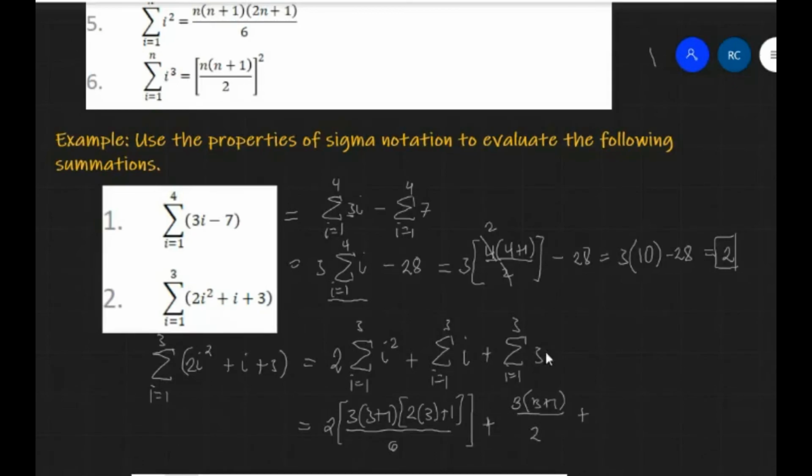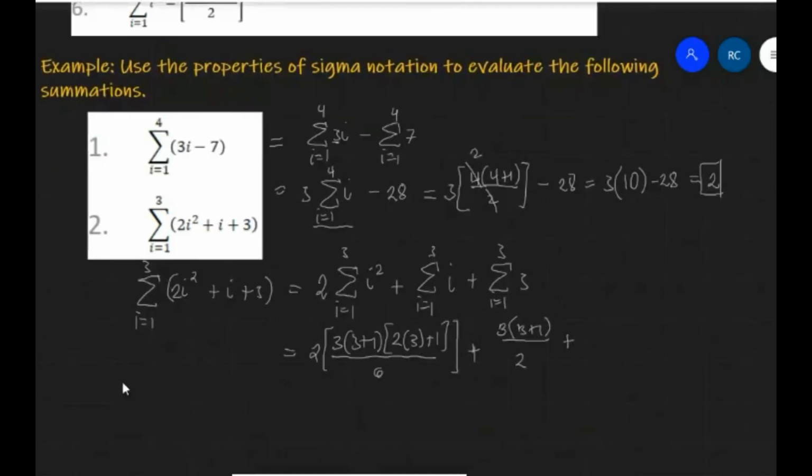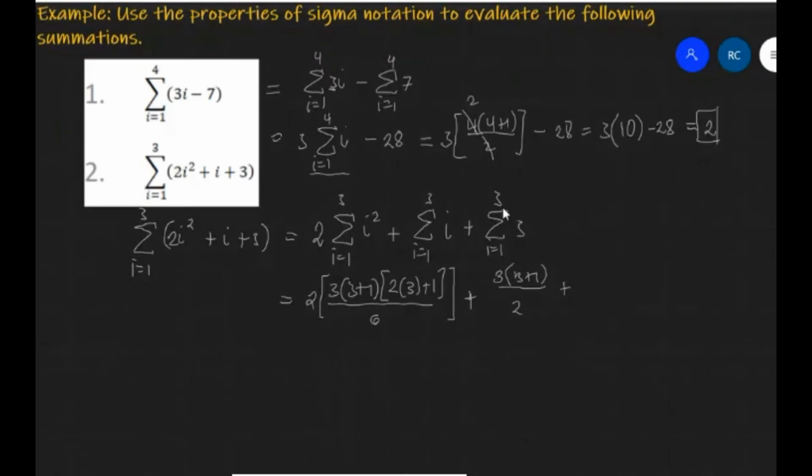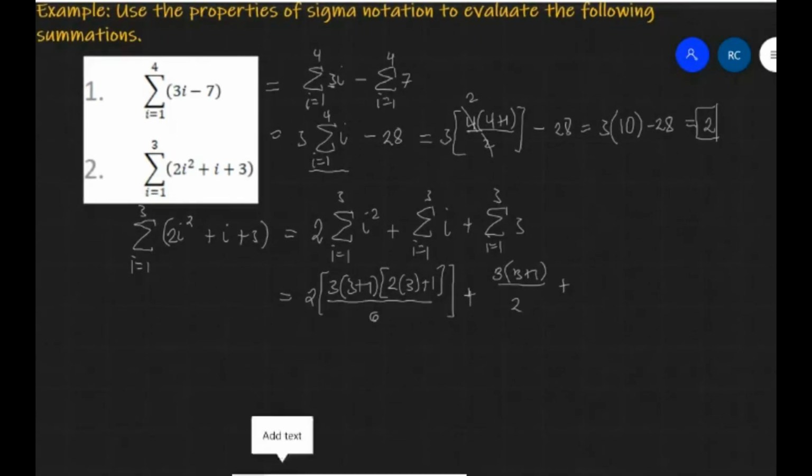And lastly, ito ay constant. Kapag constant, multiply natin yung constant dun sa ating upper bound. So, 3 times 3 is 9. Okay, 9 dito. Okay, simplify. Ito yung pwedeng cancel out. Ito yung magiging 3. So, 2 dito. 2 times 3 plus 1 is 4.